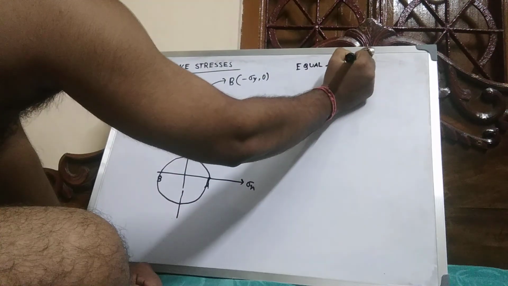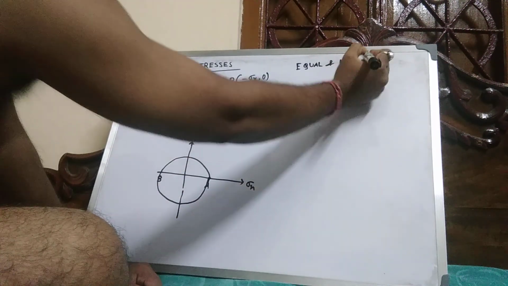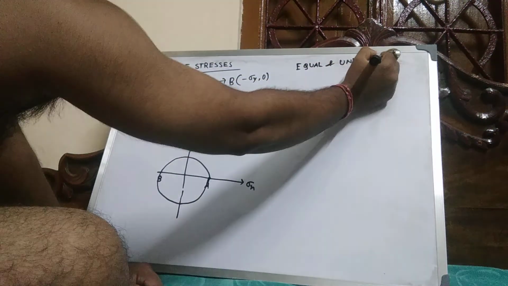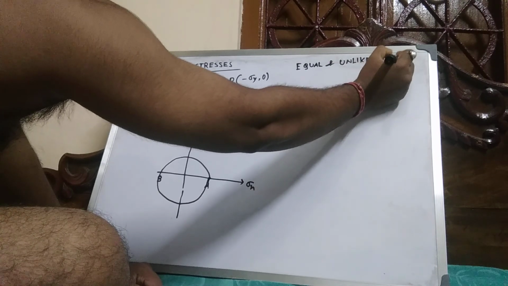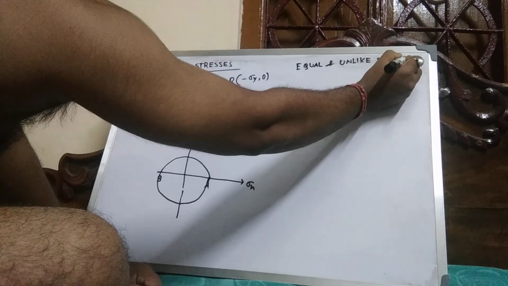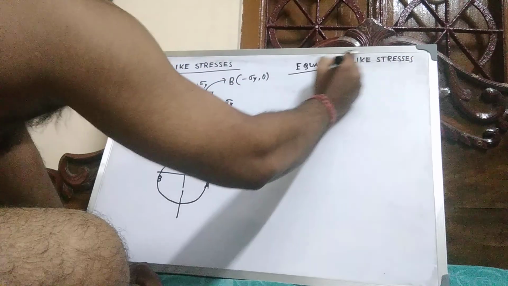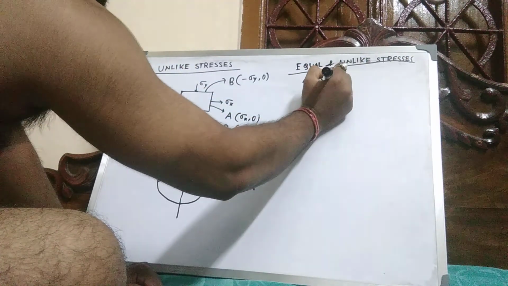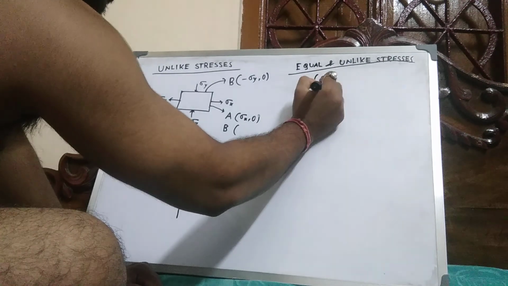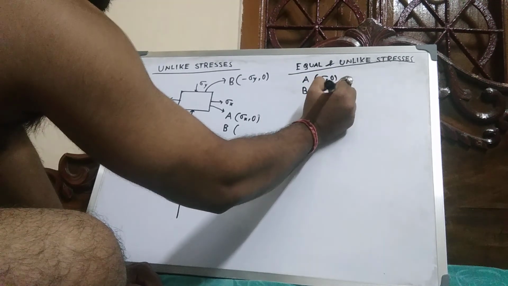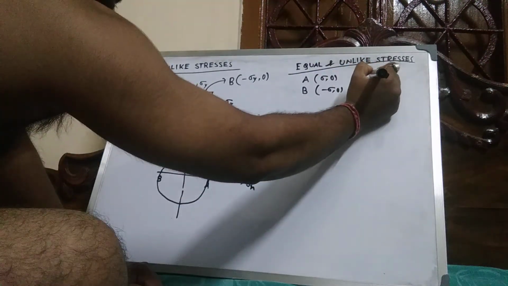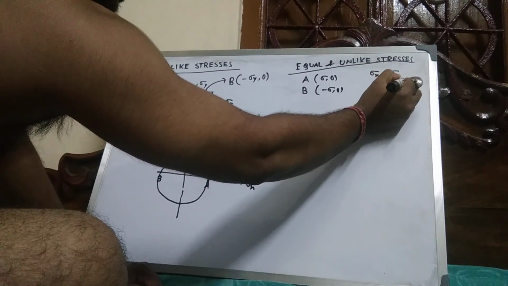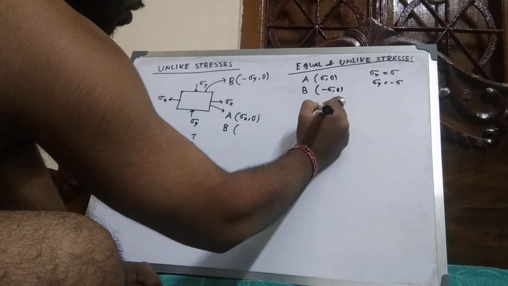Equal and unlike stresses: plane A sigma comma 0 and plane B, sigma x equal to sigma y equal to minus sigma. Let's draw the Mohr circle.